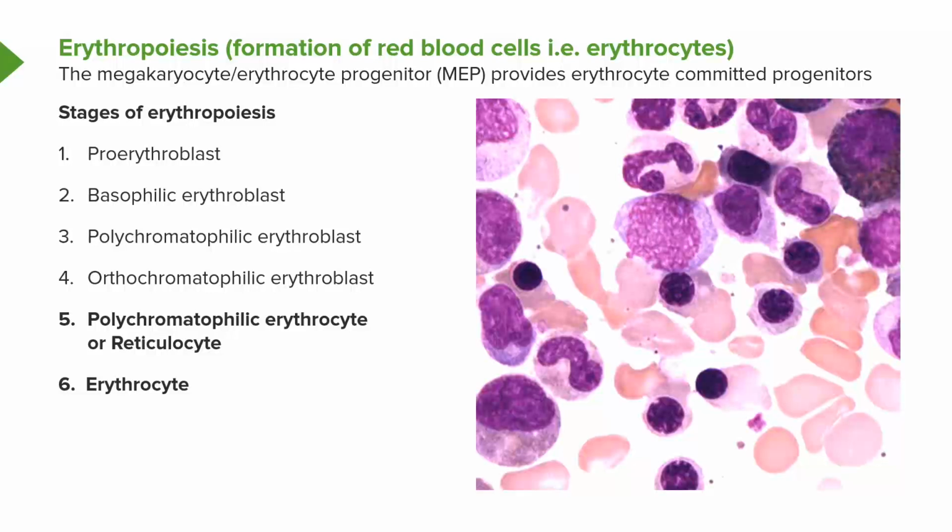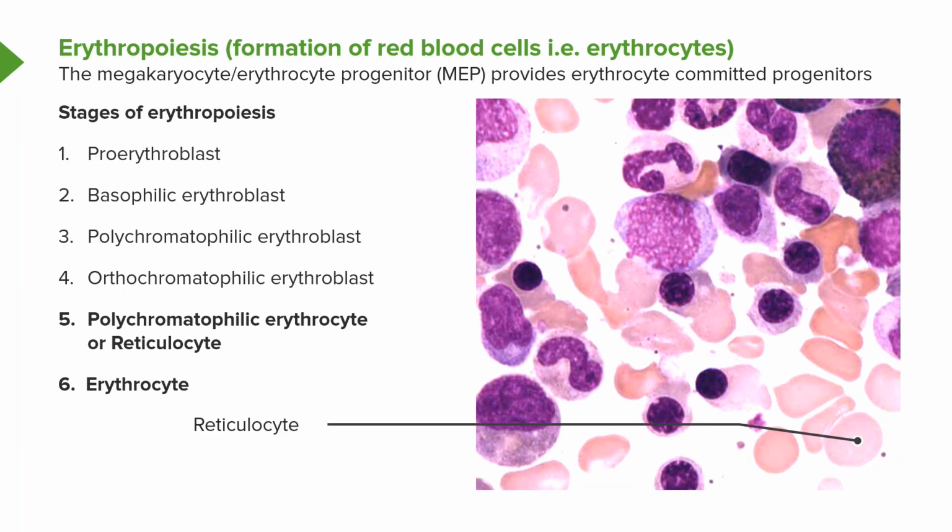Well, it then goes through the stage of being a polychromatophilic erythrocyte again. And finally it goes on its final lineage differentiation to be a fully functional mature erythrocyte.